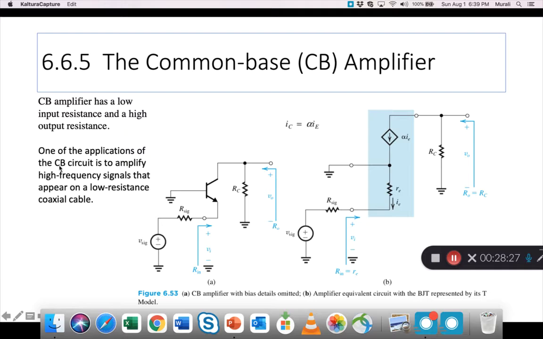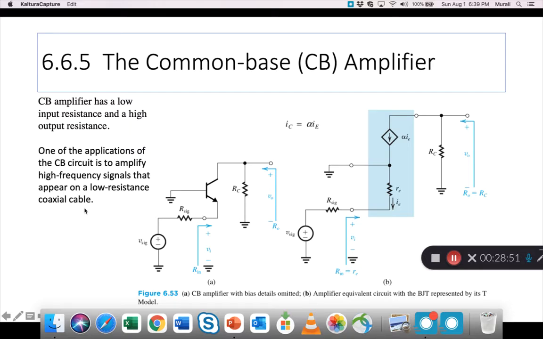One of the applications of the CB circuit is to amplify a high frequency signal that appears on a low resistance coaxial cable. Coaxial cables, which are used a lot for television, audio signals and all that in your home applications, have a 50 ohm to 75 ohm resistance, which is pretty low.